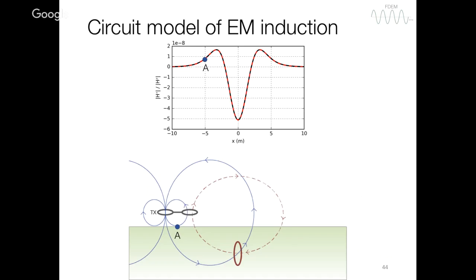So my right-hand rule says the current is going to go clockwise from this direction, and the magnetic field from that is going to go like this. The red parts are the secondary magnetic field. When it gets up to the receiver, I see both my primary and my secondary pointing in the same direction. I'm going to plot that number as positive. Whatever that number is, I'm going to say it's positive, and that puts me in position A.